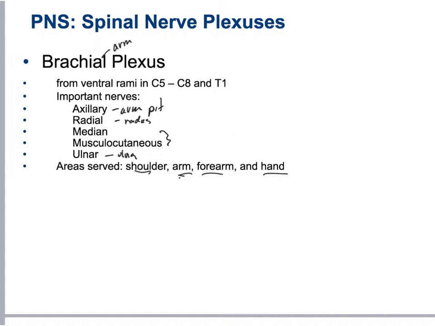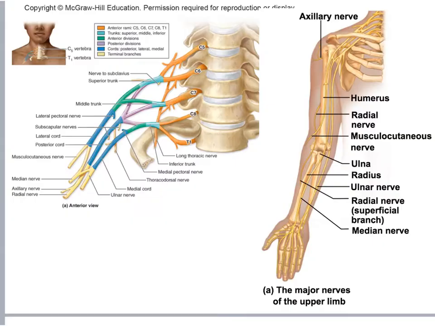So any motor neuron that goes out from the ventral ramus, any sensory information from the hand is going to go through this brachial plexus. Okay, so here you see, this is showing you different parts of C5, 6, 7, 8, and T1 come together, and the different colors show you where they are, and you have the terminal branches. Here's your ulnar nerve.